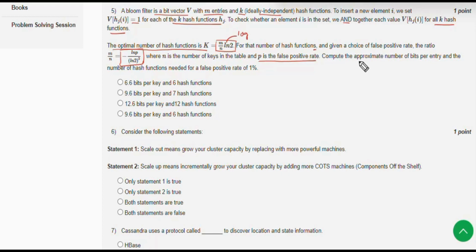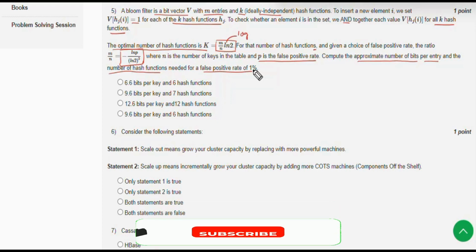Compute the approximate number of bits per entry and the number of hash functions needed for a false positive rate of 1%.